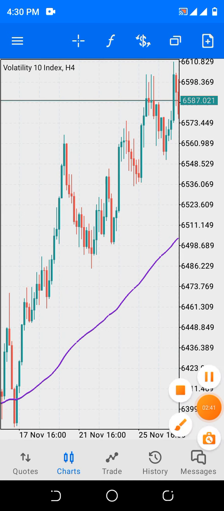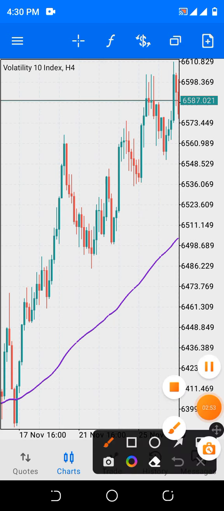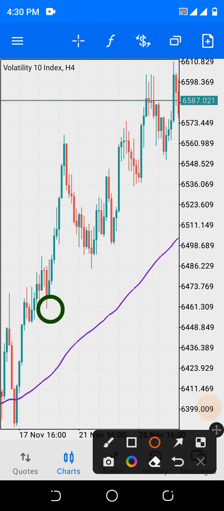Pay attention to 2 higher lows. Like in this case, our first higher low is here. Look at these points. This is our first higher low here, and this is our second higher low.